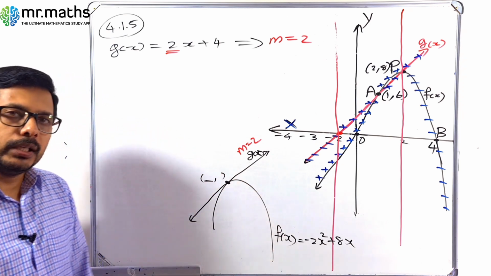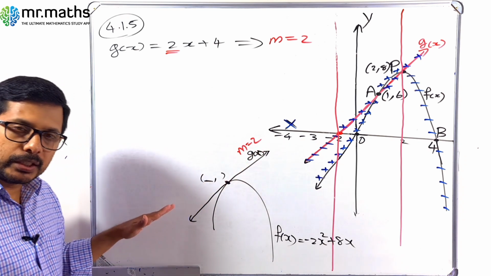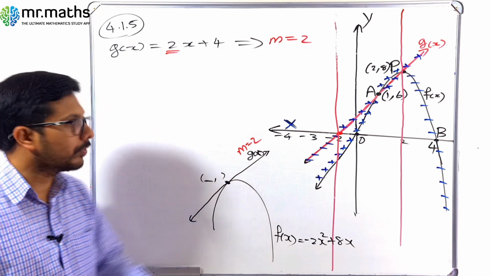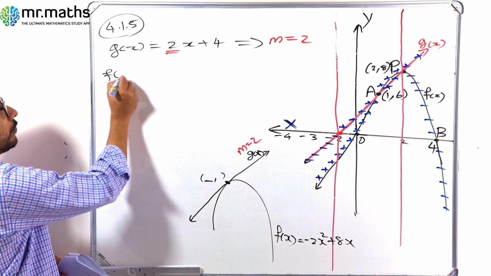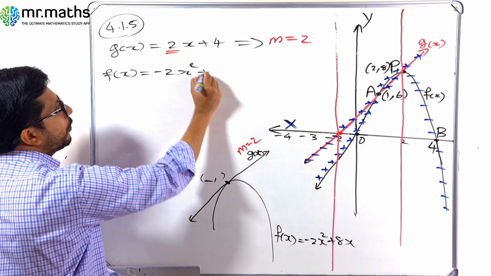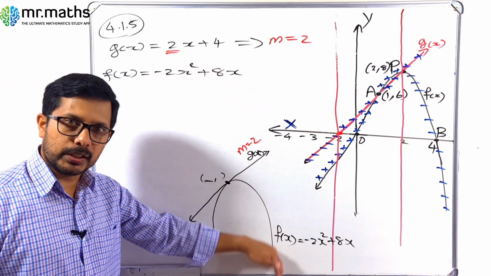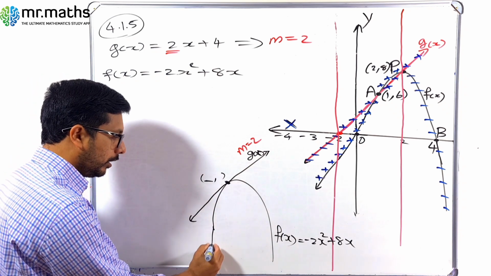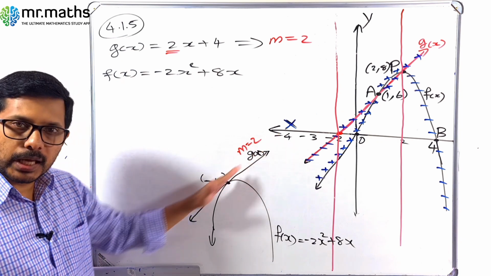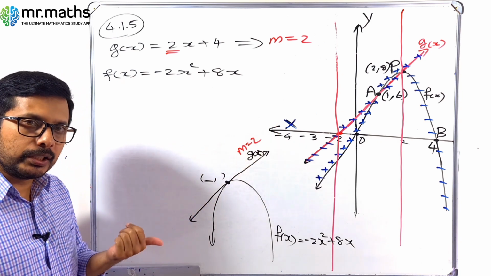Okay, so in calculus you studied how you can find the gradient of this tangent. First you have to find the derivative of this f of x graph. F of x is equal to minus 2x square plus 8x. This is the equation of f of x graph, this parabola graph. Am I right? What do you want to find? The gradient of this tangent, the gradient of this straight line. How can you find it in calculus?